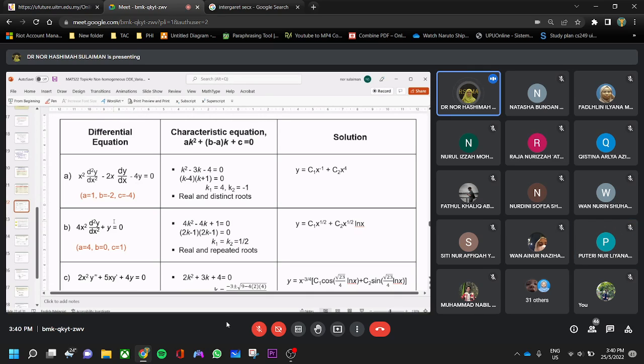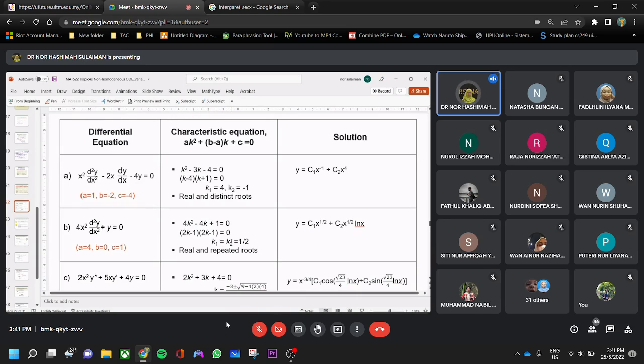Ada sebenarnya kat sini ni. Dia sama dengan kosong kalikan dengan dy dx. Sebab tu dia sembunyi dekat situ. Tapi sebenarnya ada. Maknanya B sama dengan kosong. C sama dengan 1. So masuk dalam formula ni. Dapatlah 4K kuasa 2 tolak 4K tambah 1. Okay.